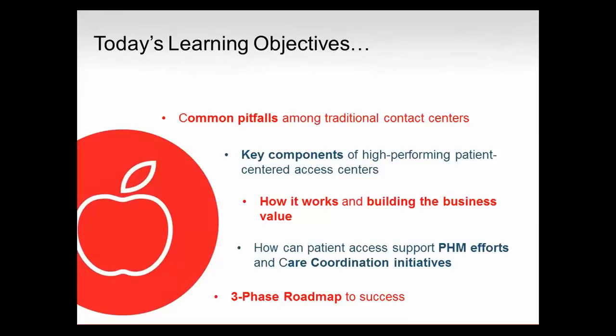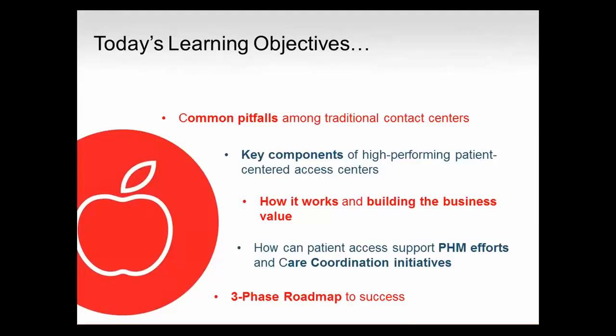And then how does that solution work? What are the elements behind it that drive the solution, and then how do you build the business value around that solution as well, in terms of identifying the value and being able to articulate that within your organization. And then how do you tie the access center into your population health management overall strategy and care coordination initiatives?